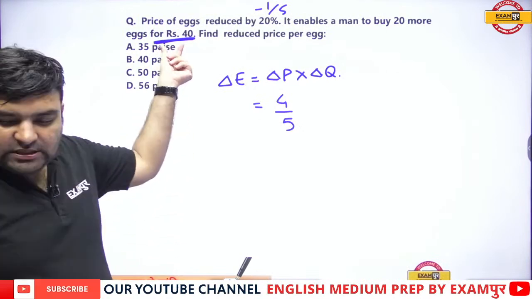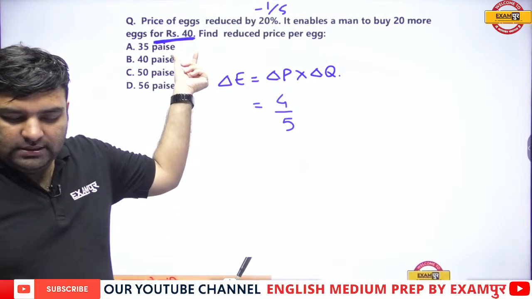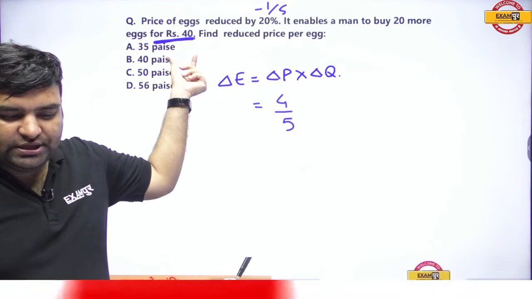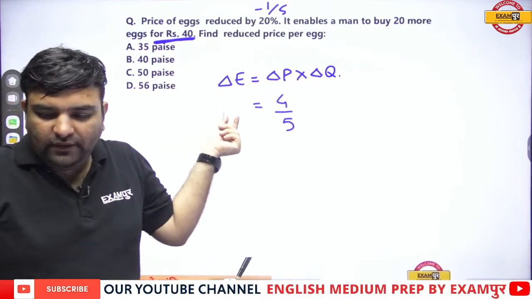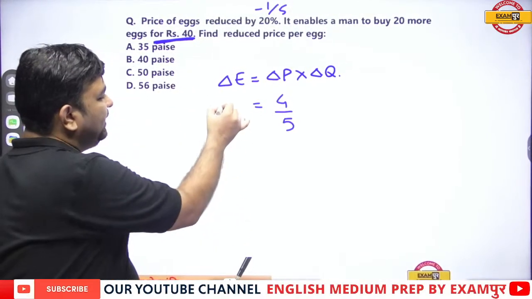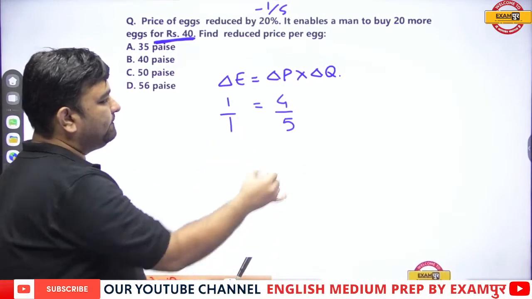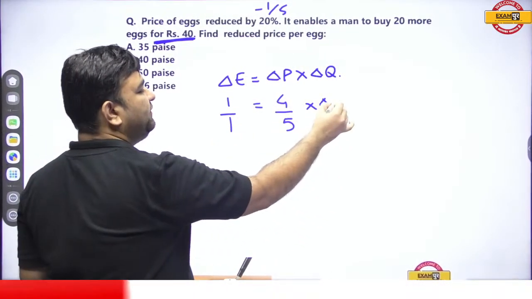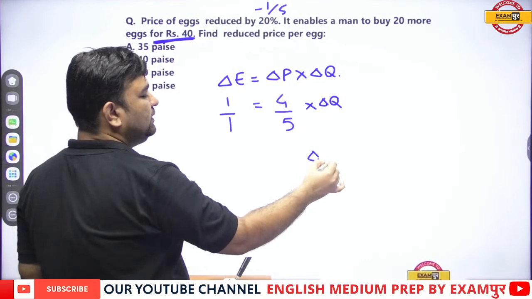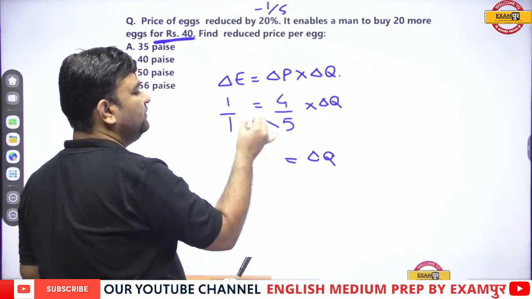Since expenditure is constant, initially also 40, finally also 40, I can take it as 1:1. So change in quantity would be in the inverse ratio.